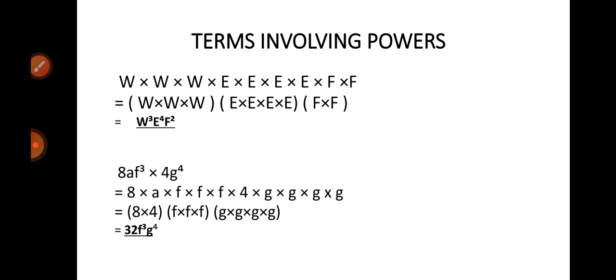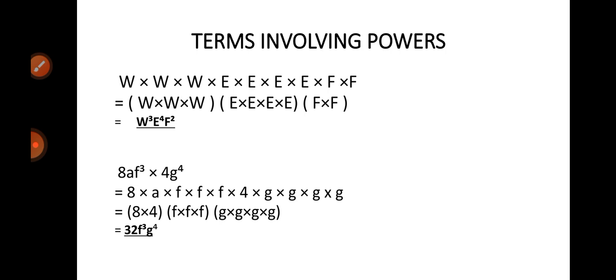So first of all, let's collect like terms. We'll collect the numbers first, 8 times 4. We'll put them in a bracket. We open another bracket. We take a. A is only one. Then open another bracket. We take f.